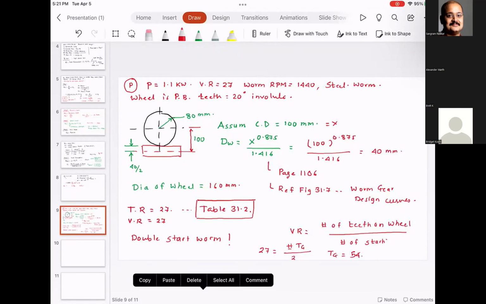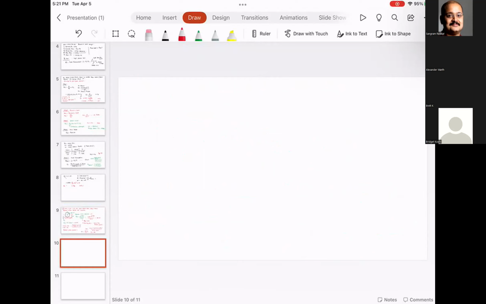Now, the next step is to find the axial pitch. The axial pitch of the worm is equal to the circular pitch of the gear, a relationship that we have already discussed.